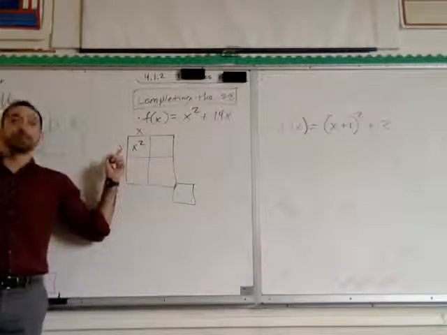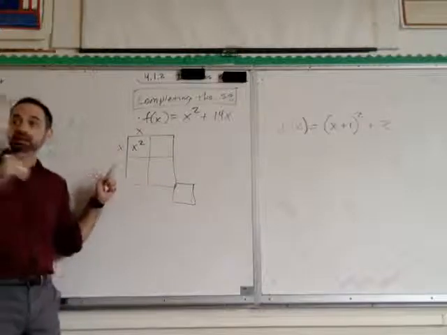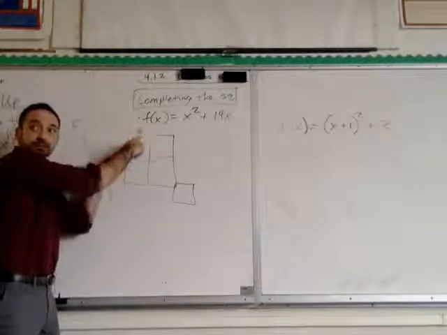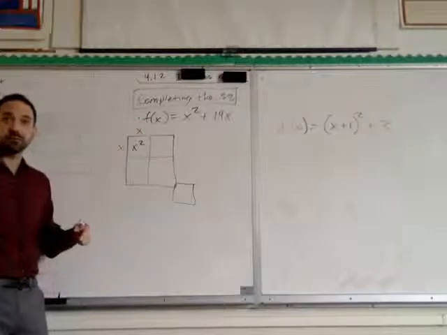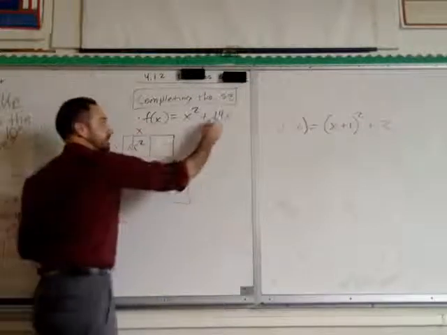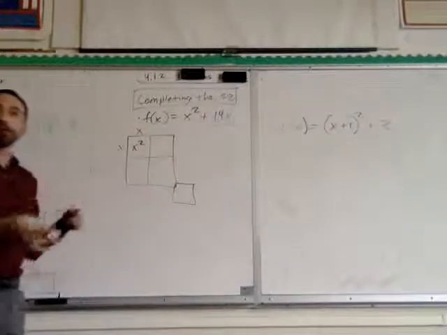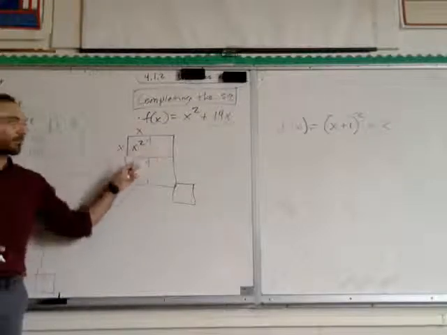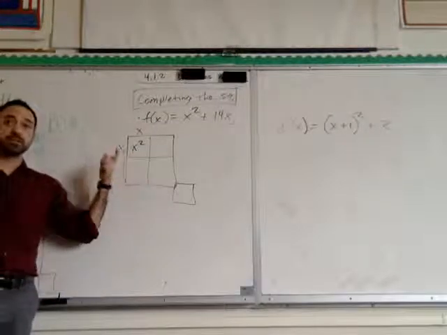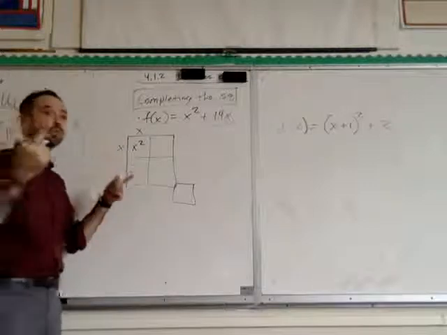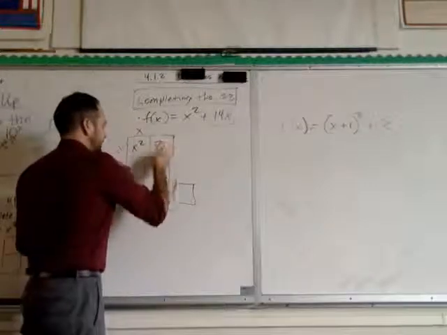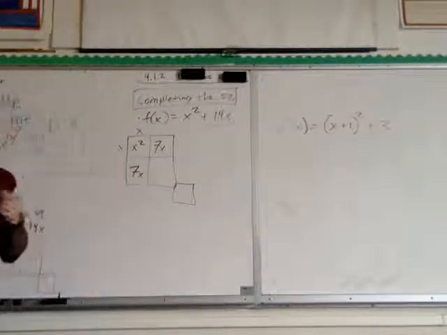So the reason we have it like this, if you missed yesterday, it's just like a multiplication table. x times x gives you x squared. You see that? And then what you do is you take the other term and break it in half and put it in the top and bottom corners here. So 14x breaks into 7x and 7x. You always break in half.